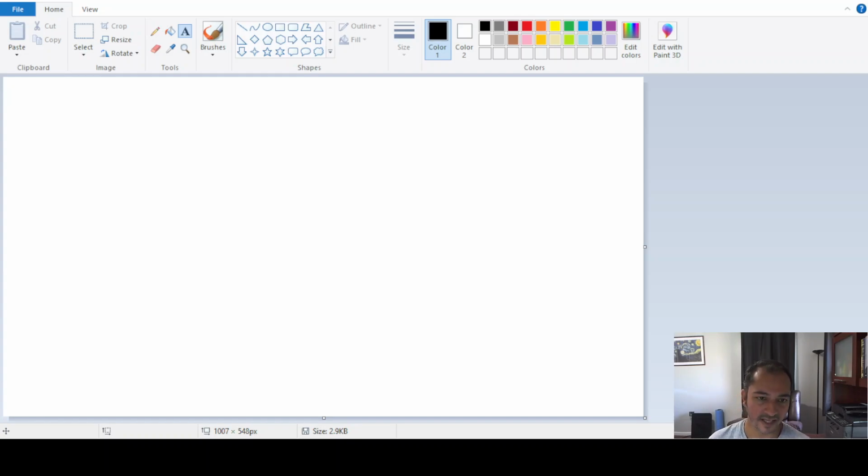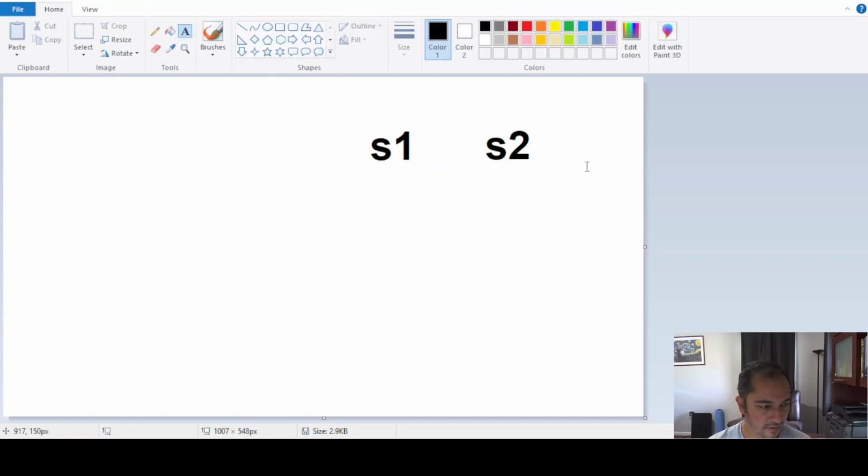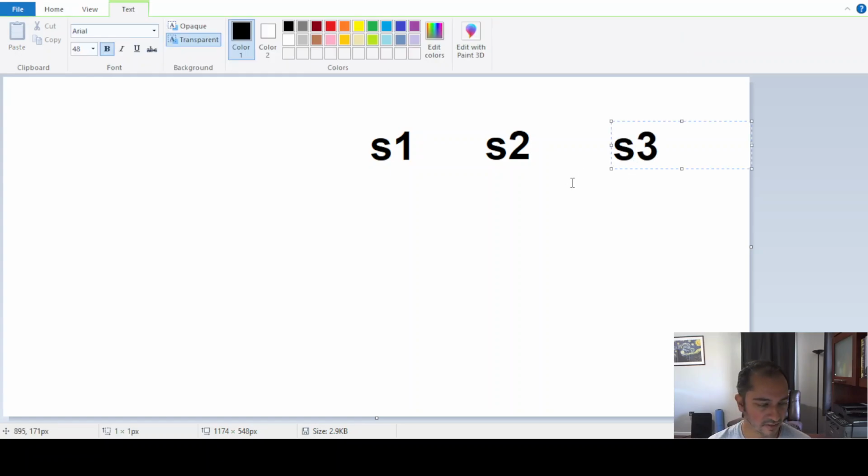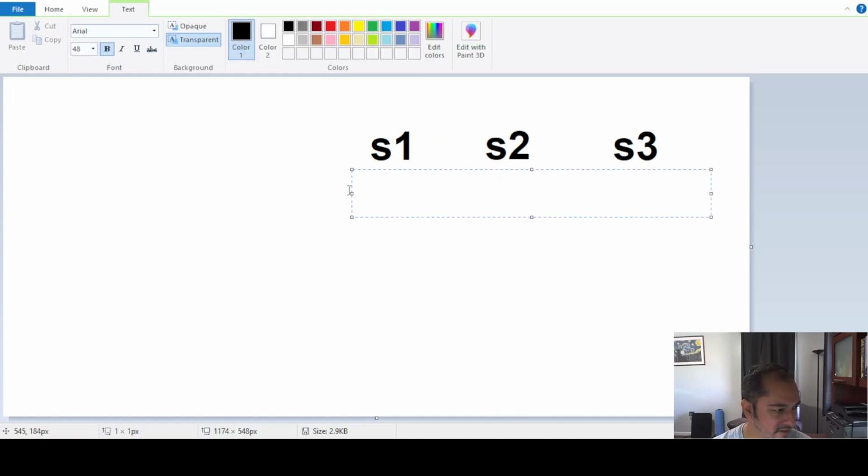So now for our example, let's consider we have only 3 states, S1, S2, and S3. Now let's assign a random population for these states. Let's say the population of this state is 10.